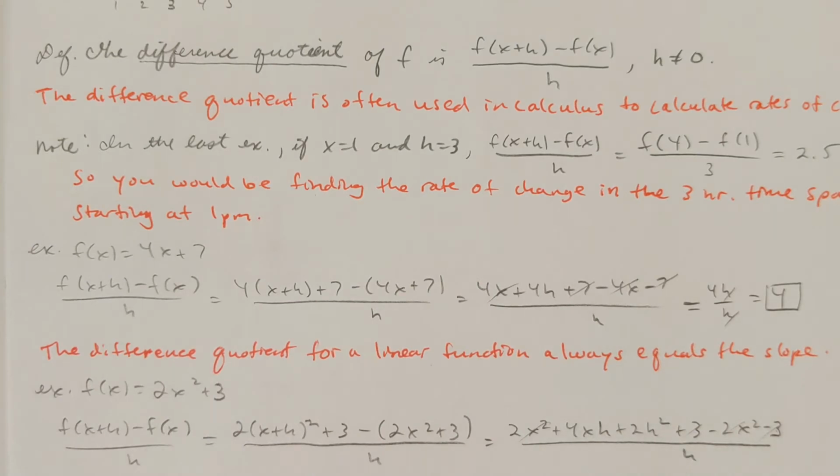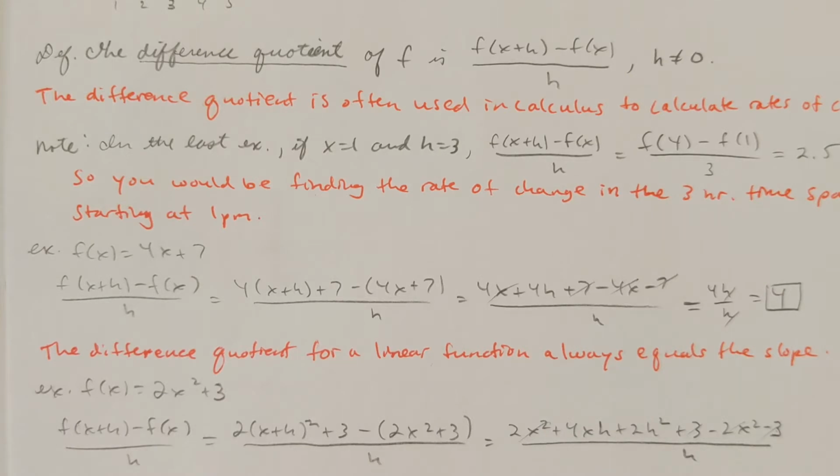So the difference quotient is a very important formula in calculus, and early on, you use it quite a bit. So I really just want to get us some practice calculating a difference quotient by using the formula.